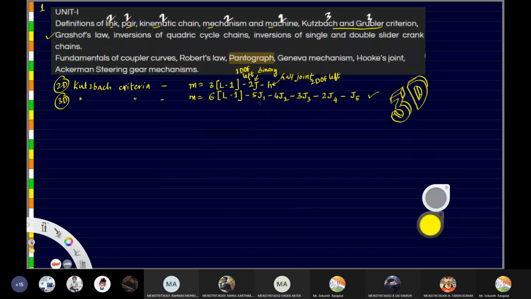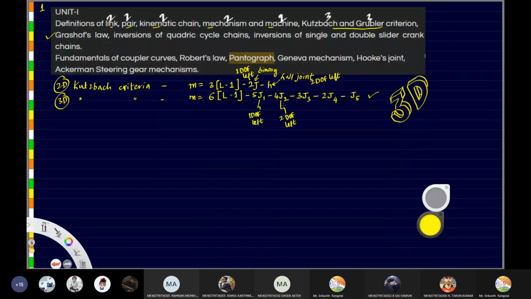Now when we come here, what's happening? J1 means only 1 degree of freedom is left after making this type of joint. Whereas J2 is a joint after making which 2 degrees of freedom are left.